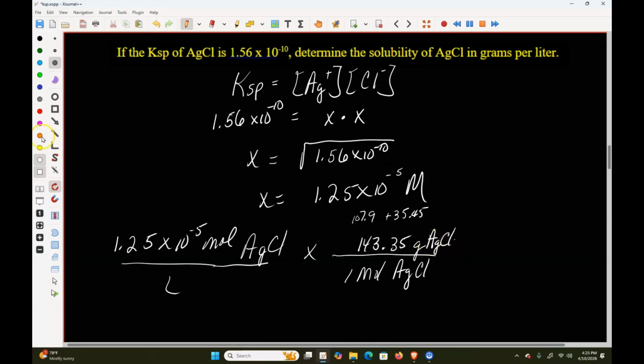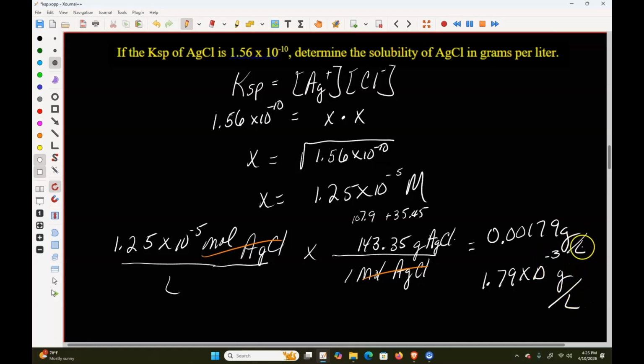Okay, so now we can cancel some of the moles. This gives us grams per liter, that's what we're looking for. So this is equal to 0.00179 grams, or I could say 1.79 times 10 to the negative third grams per liter. That's our answer.